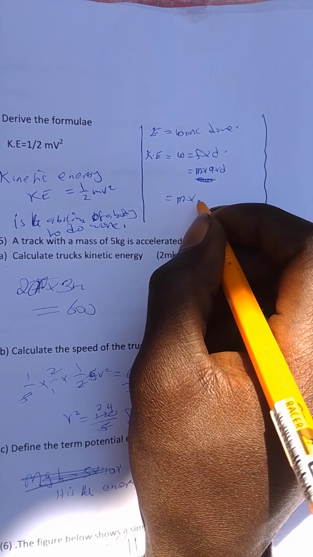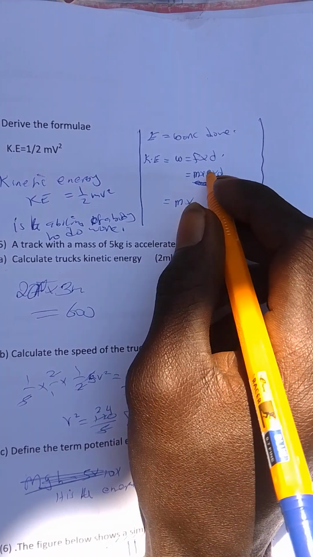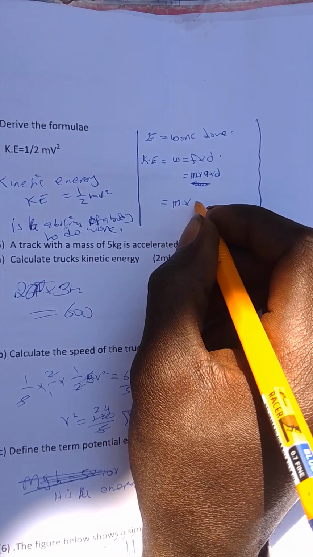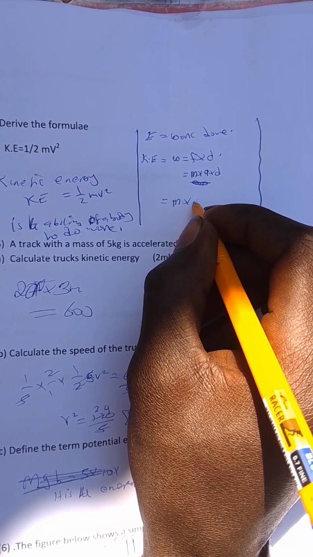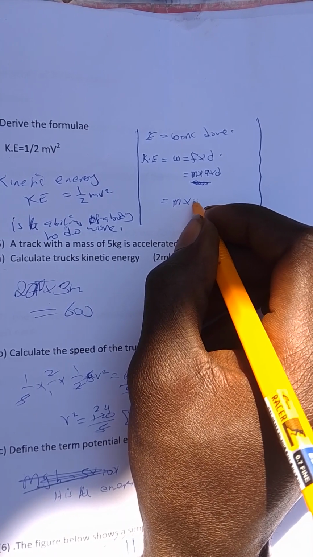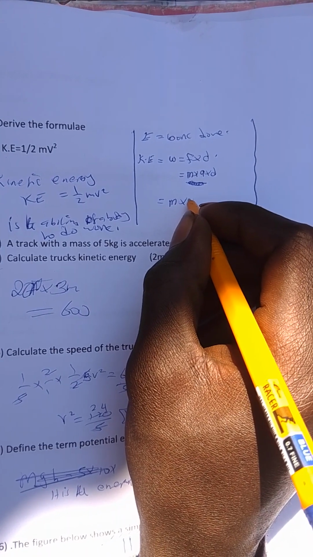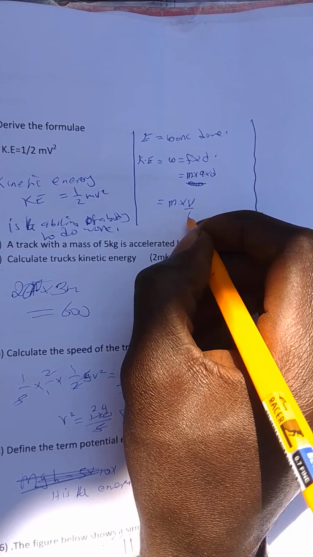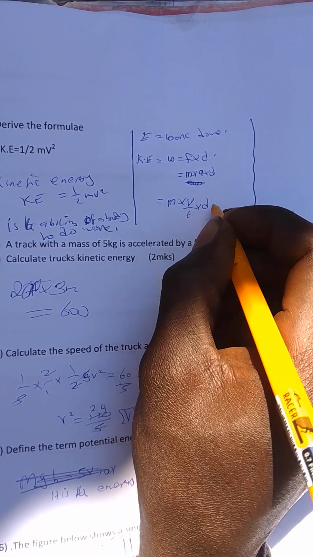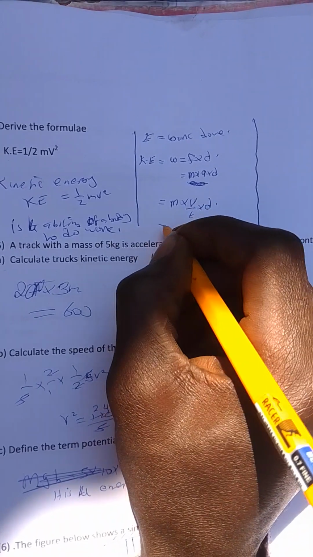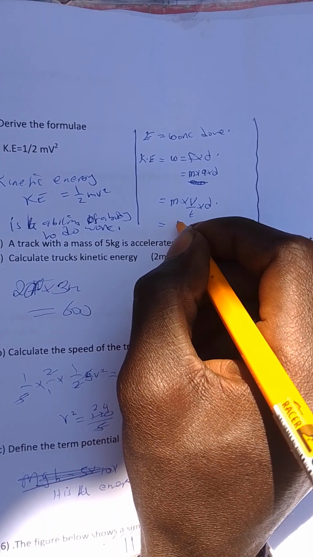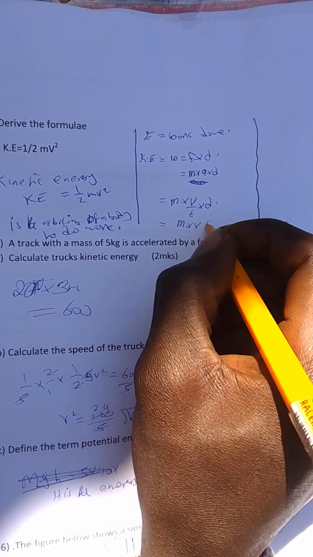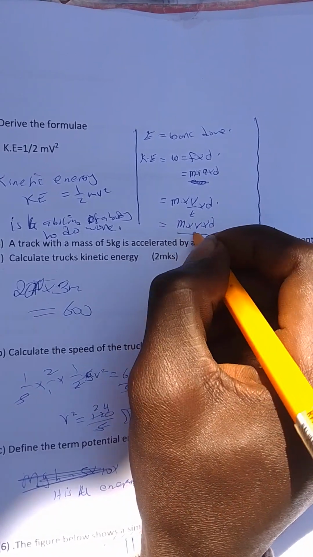So we have this one is equal to, that is, acceleration? No, it is rate of change of velocity, v over t, times distance. So this kinetic energy should be m times v times d over t.